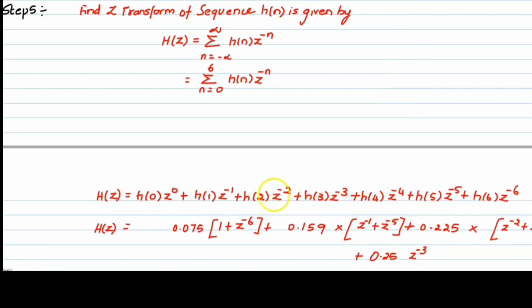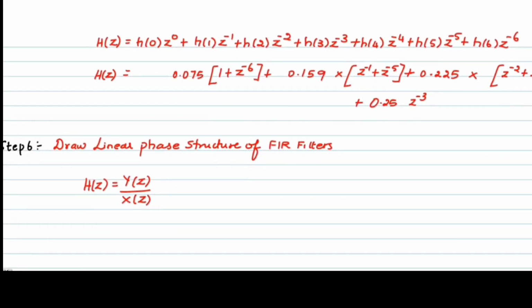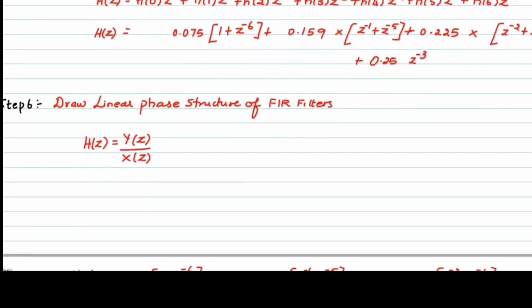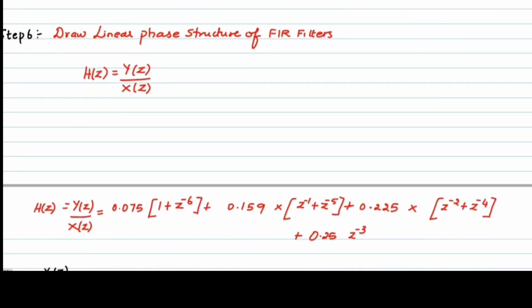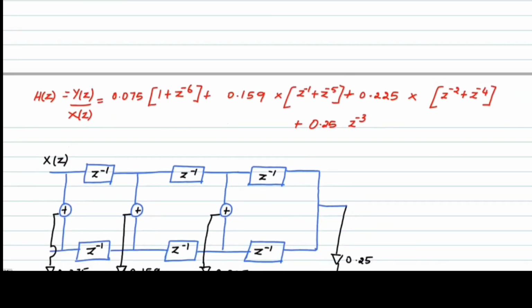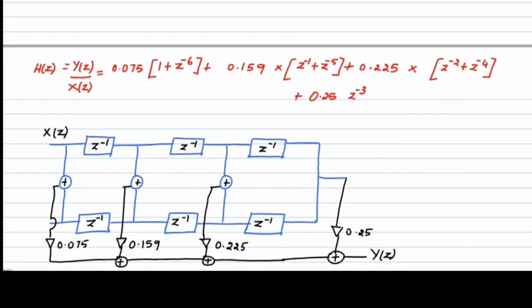This entire value. So we know that H of z is equal to Y of z divided by X of z. So you will get Y of z is equal to this formula. So how to construct this using the linear phase FIR filter design. So if you see 0.075, Y of z is equal to 0.075 into X of z.